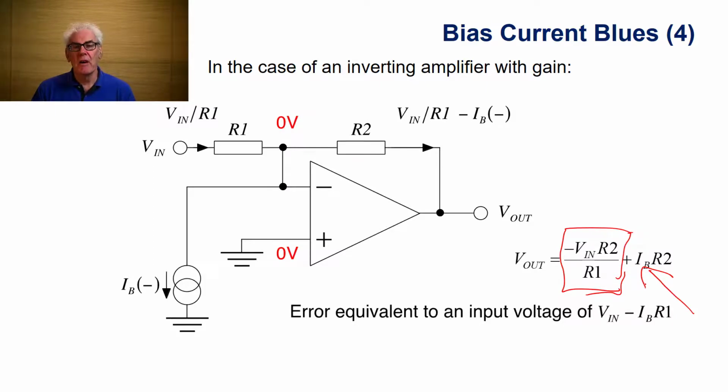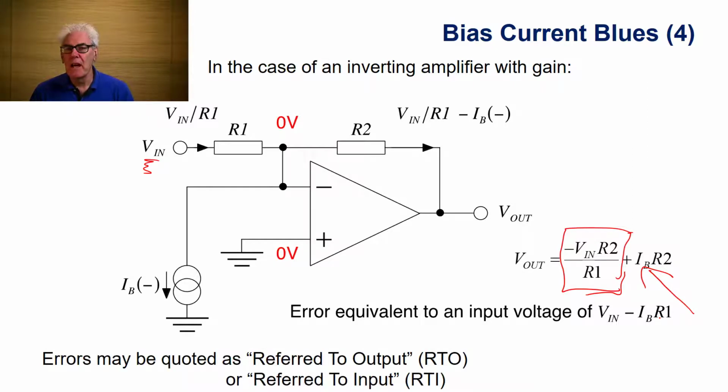We have an error, and this is an equivalent input error of Vin minus IB R1. In other words, if we were to modify the input voltage, we would have to subtract IB times R1 to get the same equivalent error at the output.